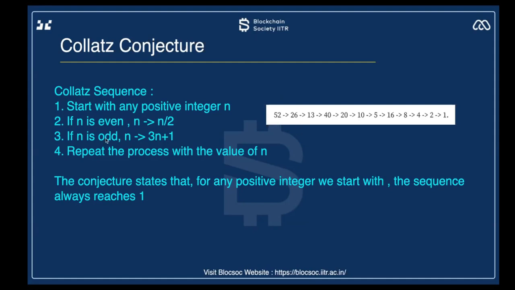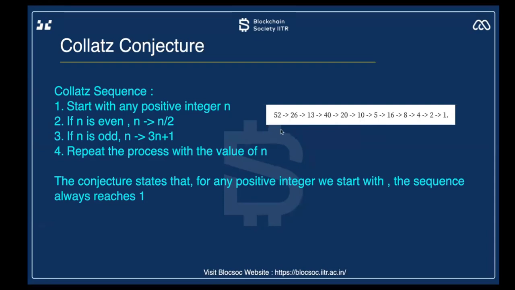And if the current number is odd, then the next number would be 3 times the current number plus 1. Like, 52 gives 26, 26 is again even, and it gives 13, and 13 is now odd. So 13 gives you 13 times 3 plus 1, equal to 40. Like you can see here, 5 is also odd, so we get 5 times 3 plus 1, 16 here.